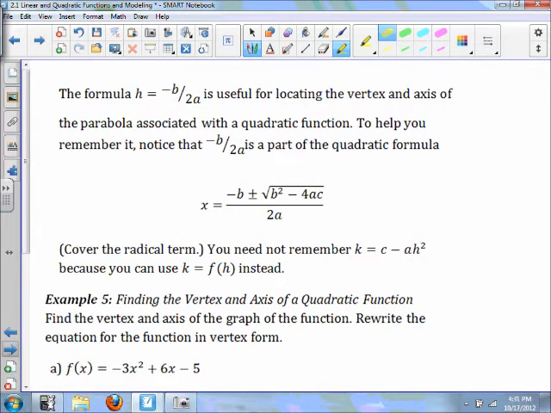Now the formula h equals negative b over 2a is useful for locating the vertex and axis of the parabola associated with the quadratic function. To help you remember it, notice that negative b over 2a is a part of the quadratic formula if you cover the radical term. Right there. You don't need to remember that k is equal to c minus ah squared because you could use k equals f of h instead.